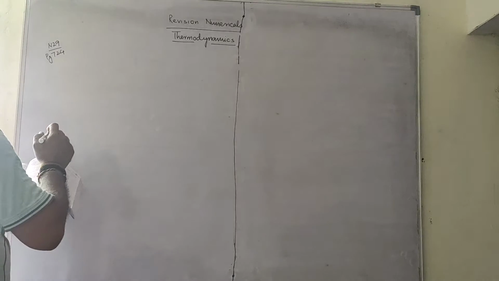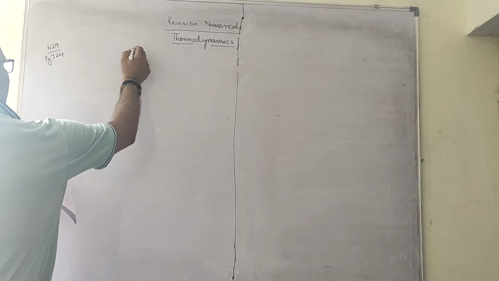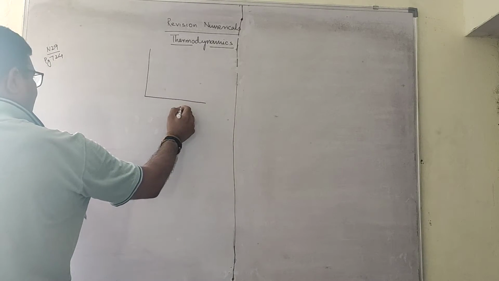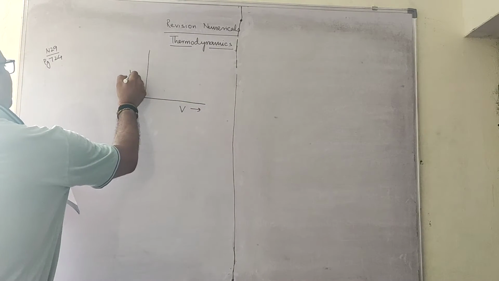The initial and final state of a gas are shown by... I am drawing the diagram. Again, this is a PV curve.